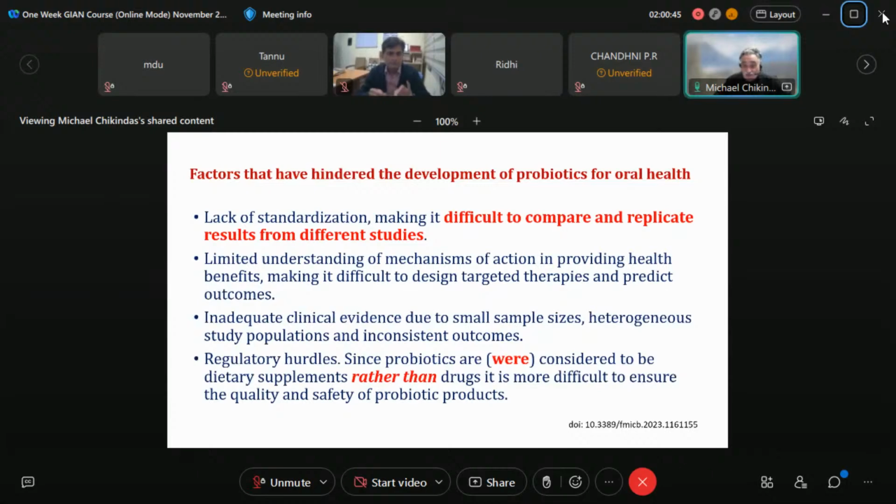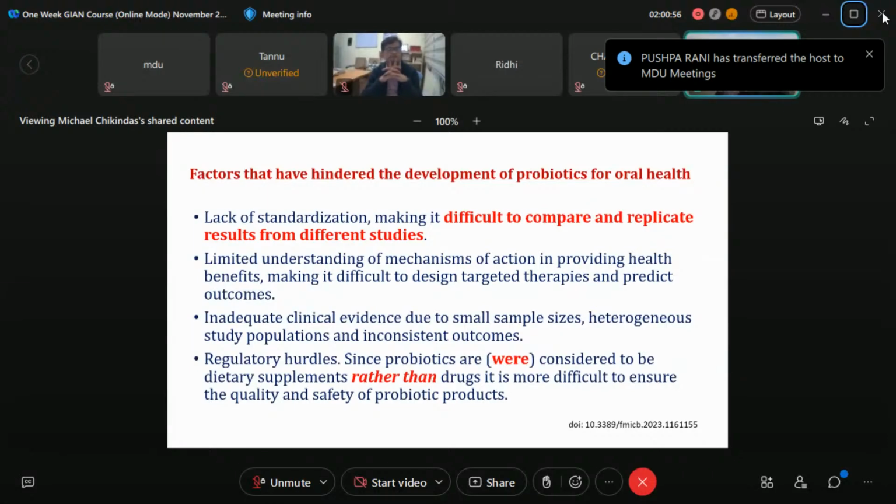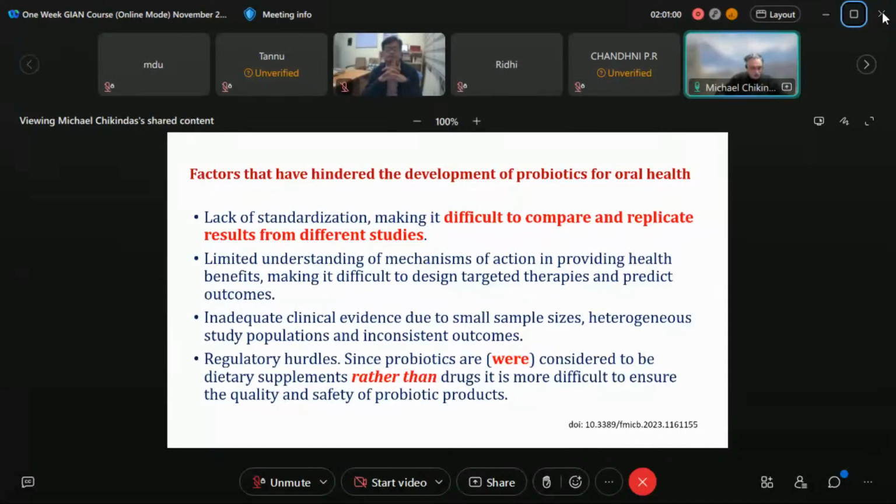So what are the limiting factors? Lack of standardization, which makes it very difficult to compare and to replicate the results. With the same studies conducted by John Tack, we recently saw an example, and the paper was published. They were trying to reproduce conditions, and they failed.